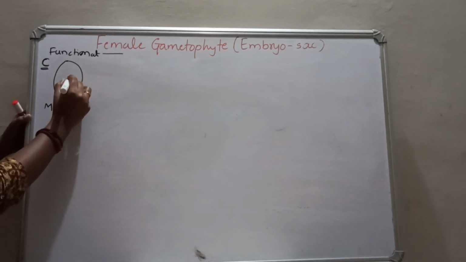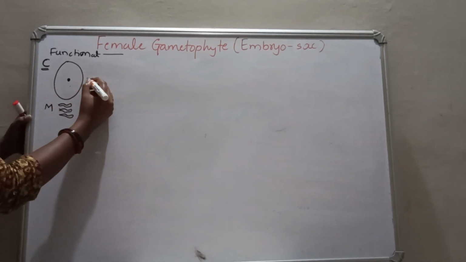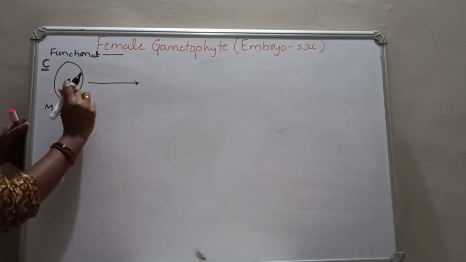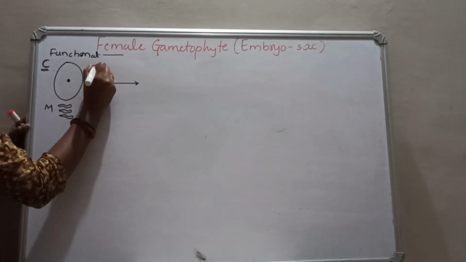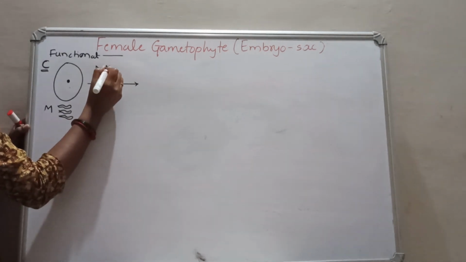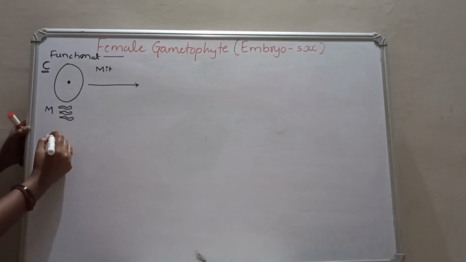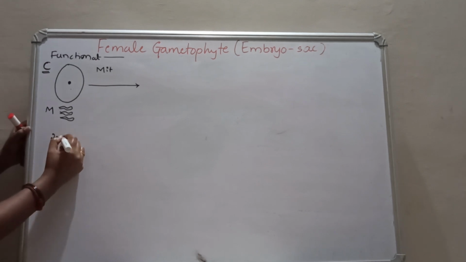This functional megaspore divides mitotically, and the mitotic division takes place in 2 stages.